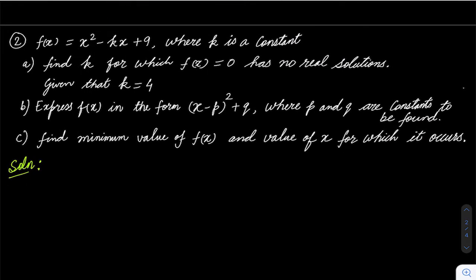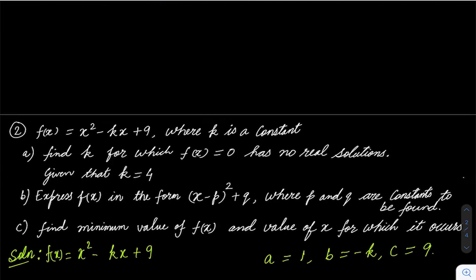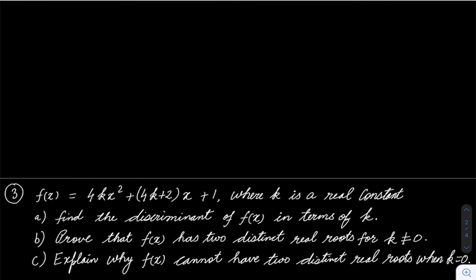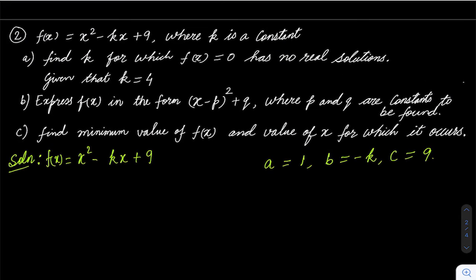So let's quickly do this. My quadratic is x square minus kx plus 9. f(x) is this. So what is my a, b, c? a is 1, b is the coefficient of x, that is minus k, and c is 9. Always remember, one side should be 0. f(x) is given as equal to 0.